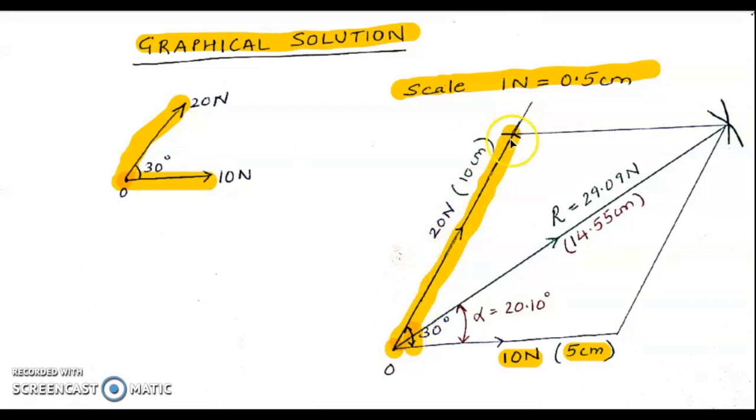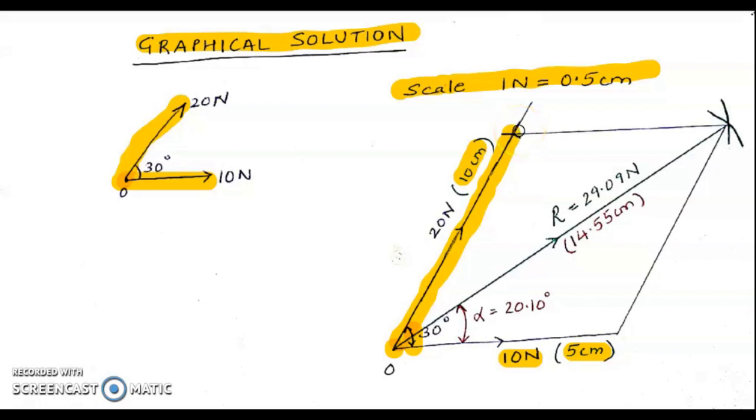The length of this line should be equal to the second force, that is 20 Newton. As per my scale, if 1 Newton is 0.5 centimeter, 20 Newton should be equal to 10 centimeter. So I'll draw this line, passing through the point where we marked 30 degrees, and that line will be 10 centimeter.